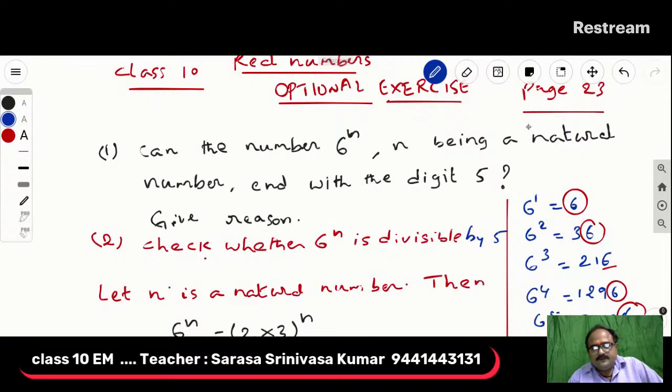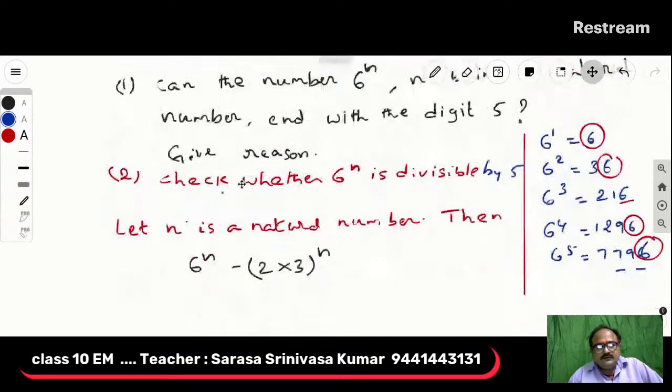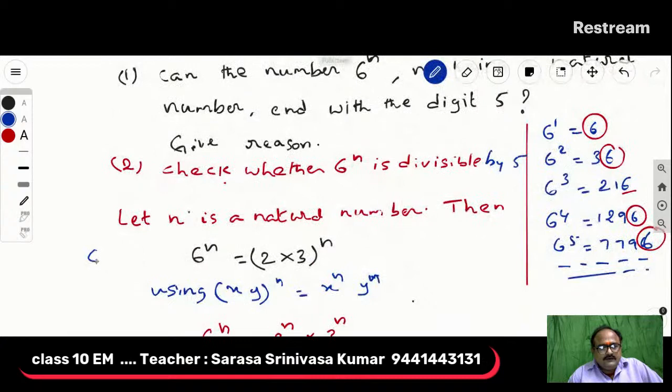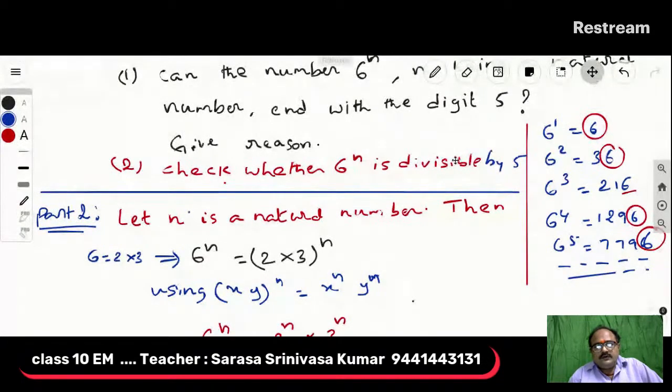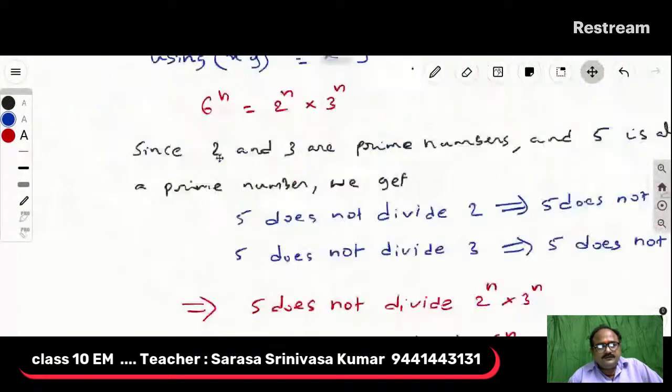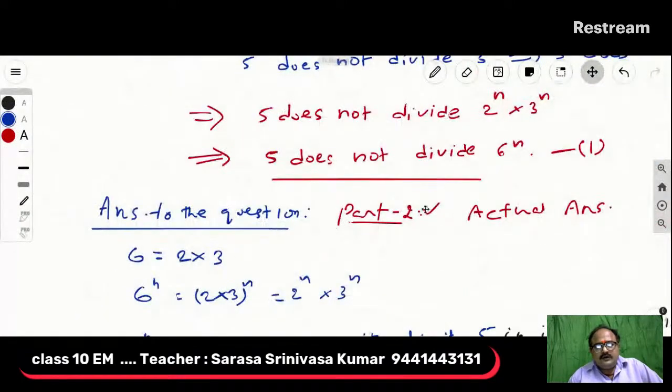So for that, 6 equal to 2 multiplied by 3. This is the part 2 answer. I will note down this as part 1.